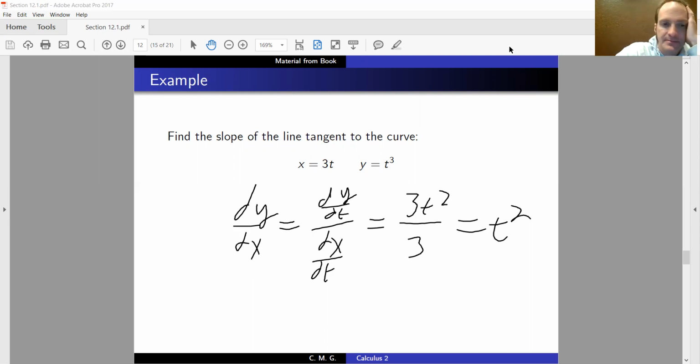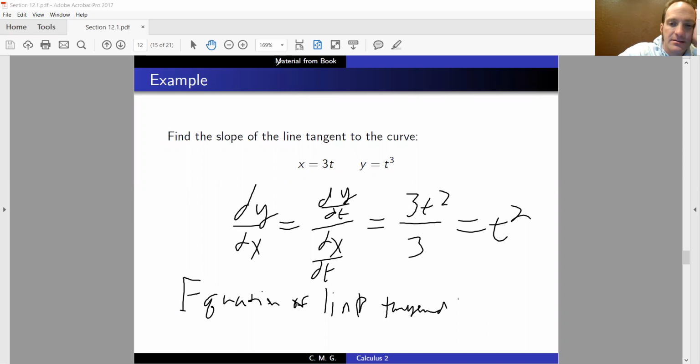So for example, I can even find not even the slope, but the equation of the line tangent to the curve at a certain point. So the equation of the line tangent to the curve at time t equals 2 is just going to be 2 squared, which is 4.